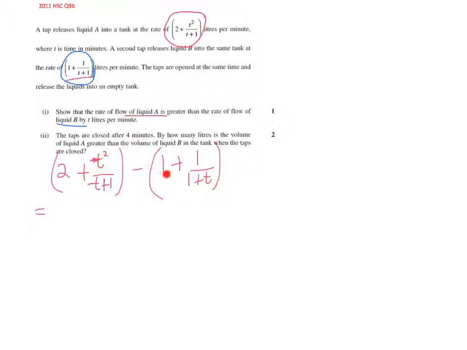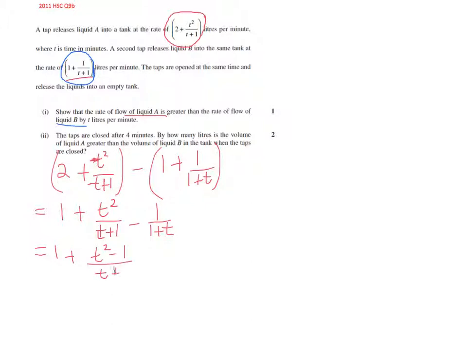So we've got 2 minus 1, which is 1, and then t squared on (1 plus t), or (t plus 1), minus 1 on (1 plus t). Well, we've already got a common denominator there, so that makes it a lot easier. So it ends up just being (t squared minus 1) on (t plus 1).